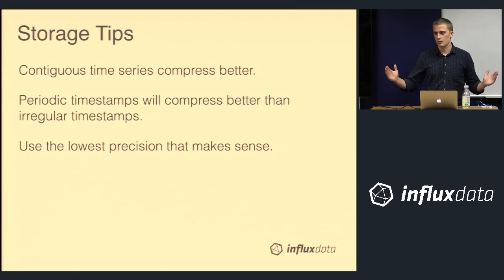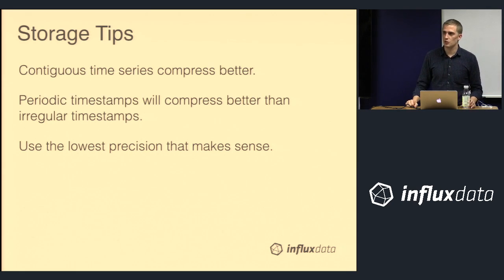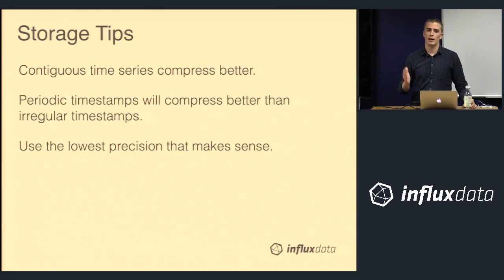If you think of the time series as a set of points, the way that compression works is the longer that set of points is, the more compressed it can be. So if you've got a bunch of series and you only have 10 points in each series, you're not going to get the compression benefits you'd get with a series with 1 million points in it, the per point compression at least.